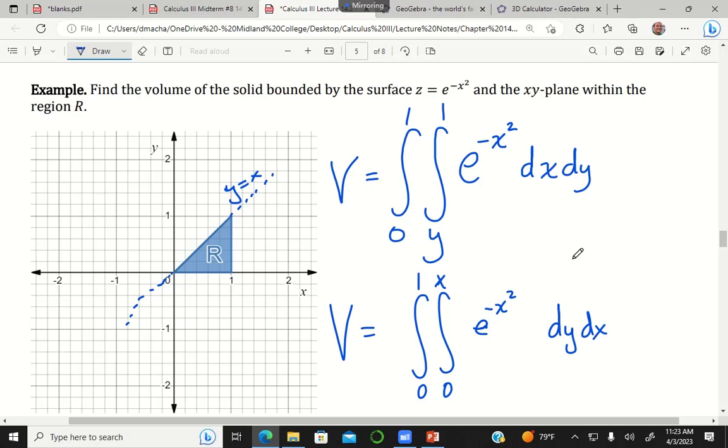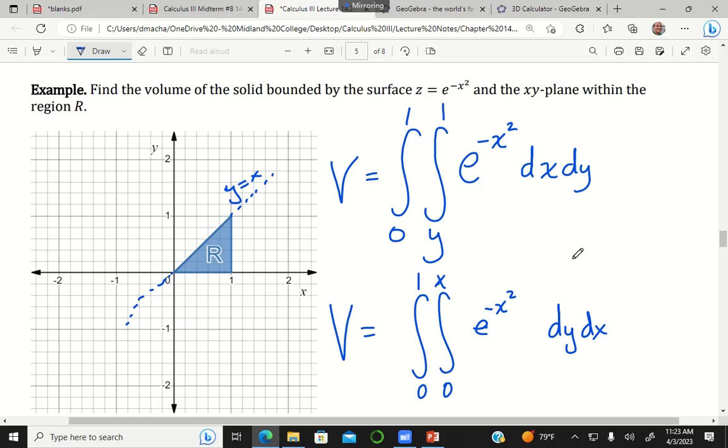Mathematicians have proved that this integrand has no antiderivative in terms of elementary functions. So you can't write any combination of polynomials, rational functions, sine, cosine, exponentials, logarithms that describes the antiderivative of e to the negative x squared. Okay?